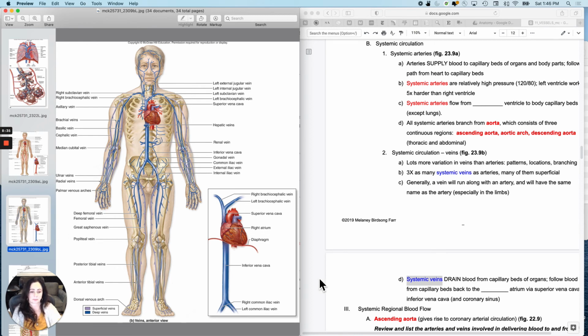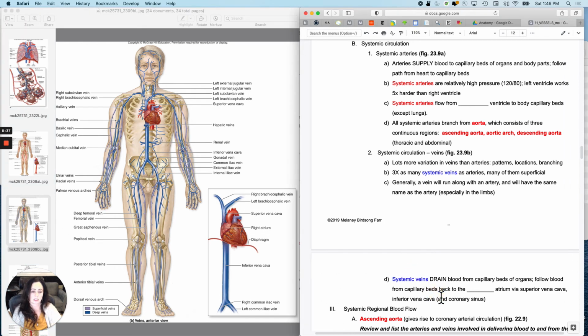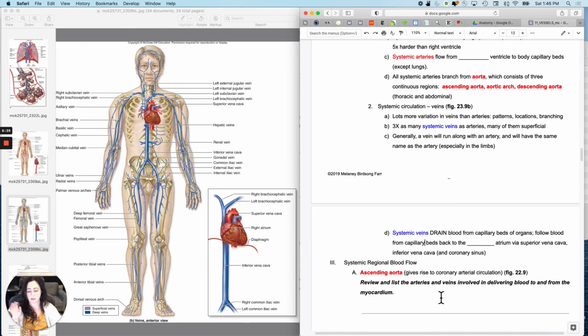And then, what do systemic veins do? If systemic arteries supply a capillary bed, then systemic veins drain a capillary bed. So if I was trying to get blood back from the little finger, I would be draining it all the way back up. And then ultimately, where are these going to dump?